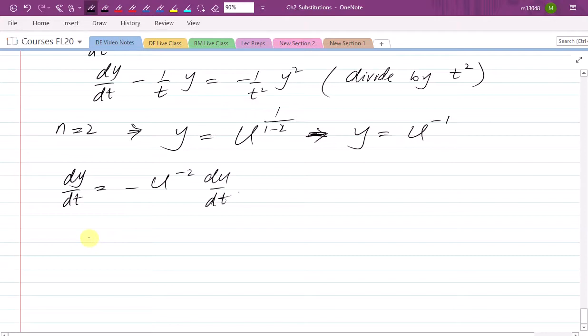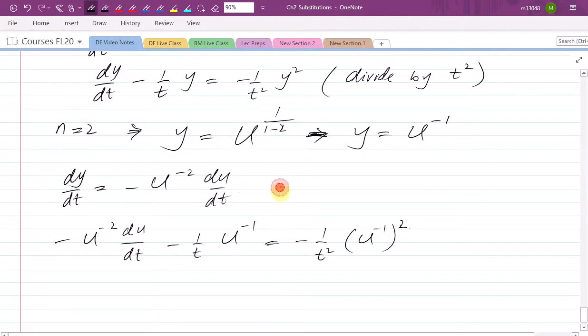Now we put these two values into the equation: minus u power minus 2 du by dt minus 1 over t u power minus 1 equals minus 1 over t square u power minus 1 whole square.